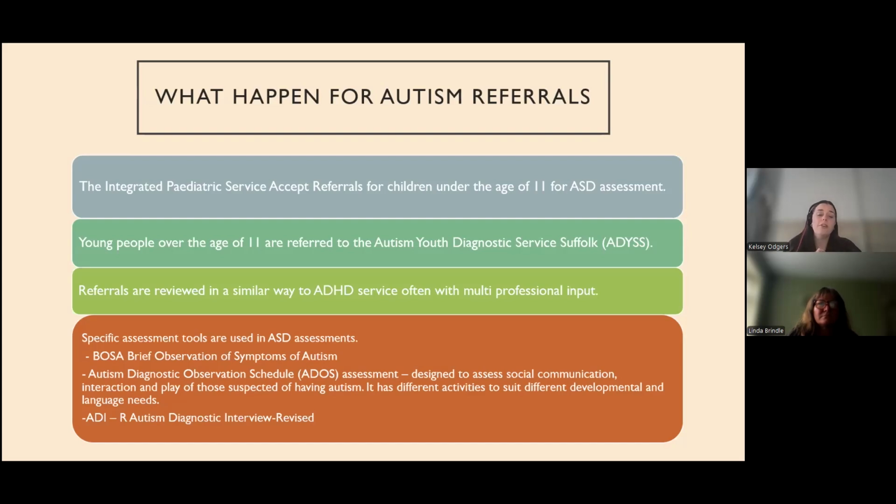Referrals are reviewed in a similar way to the ADHD service, again often with that multi-professional input, which is important to get different professional perspectives. And it includes a range of specific assessment tools at that point. I won't go into great detail about what they are, but essentially we've got some observational assessment tools as well as an interview.